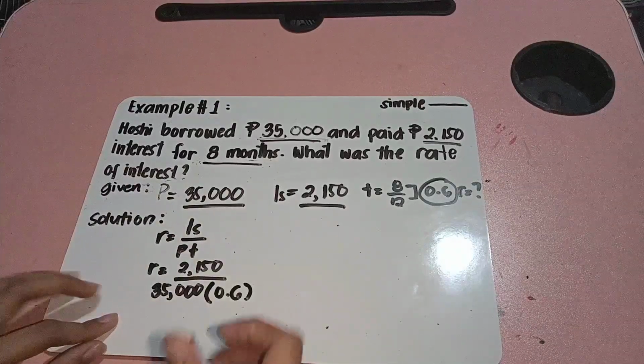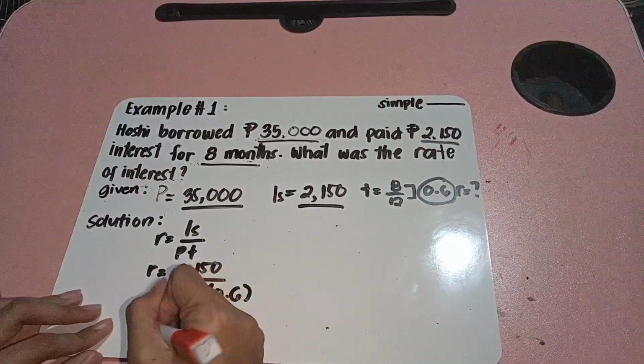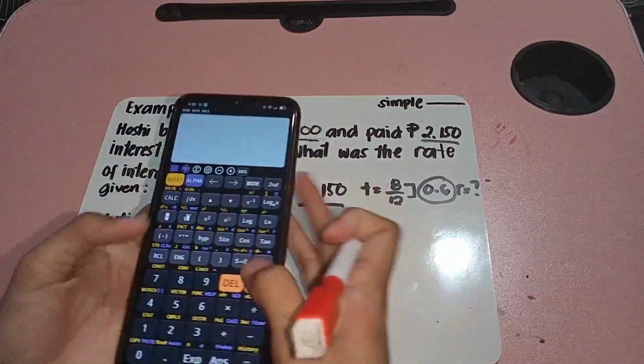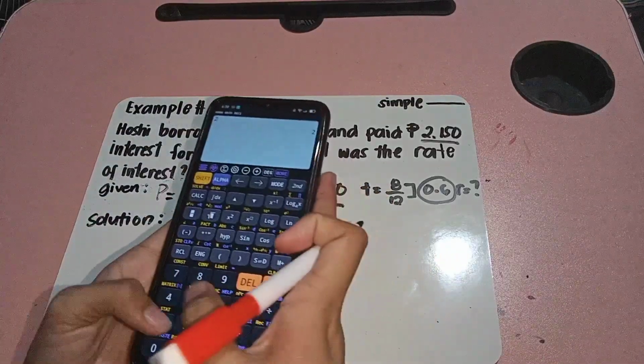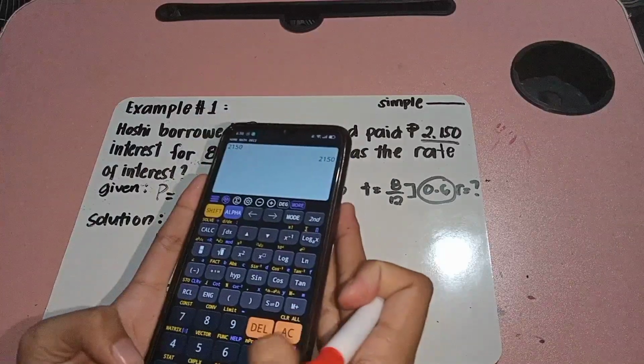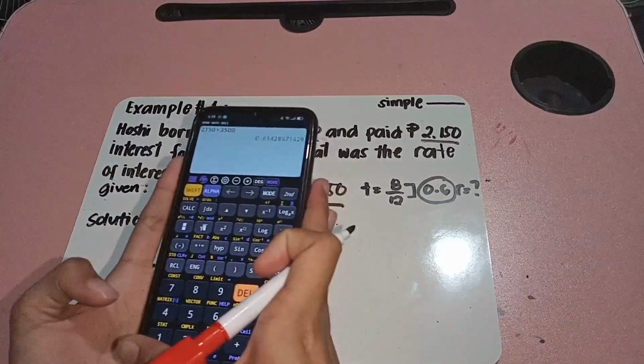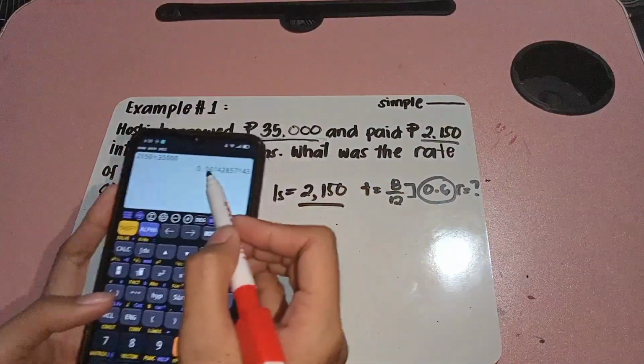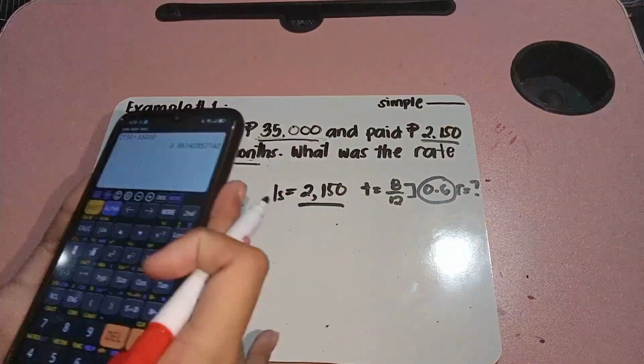So now, gagamit tayo ng scientific calculator para makompute natin ito. 2,150 divided by 35,000 pesos. So, makikita nyo, 0.06 yung lumabas.